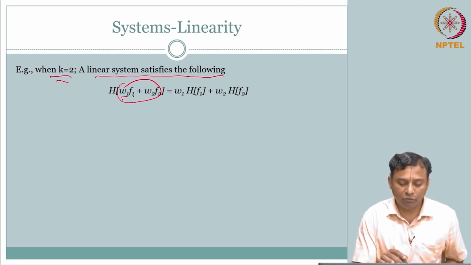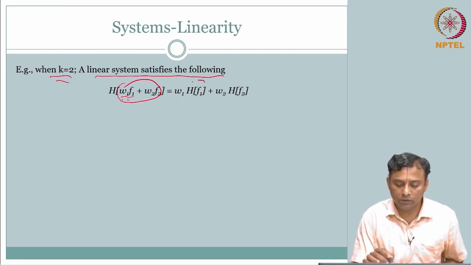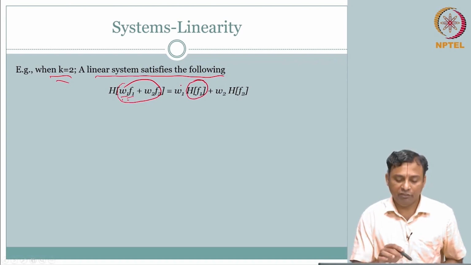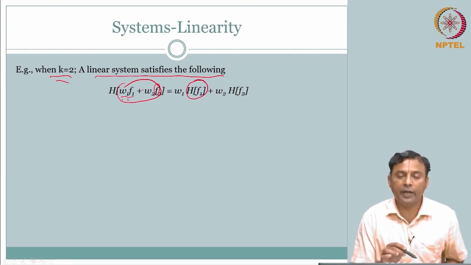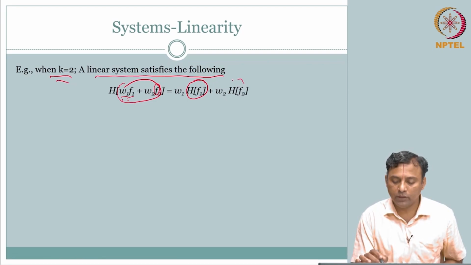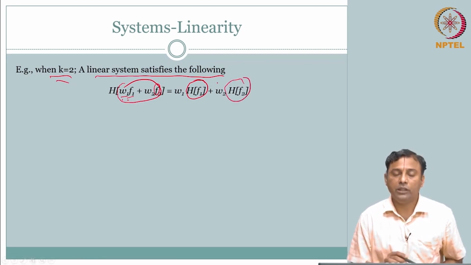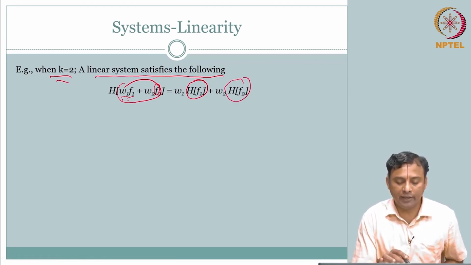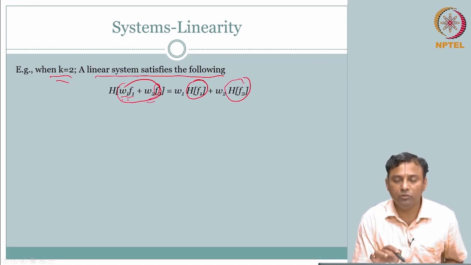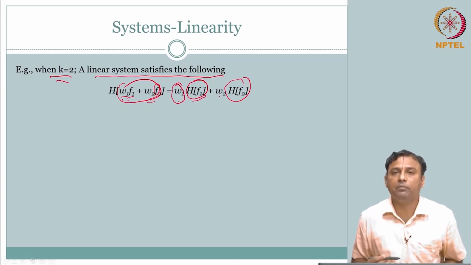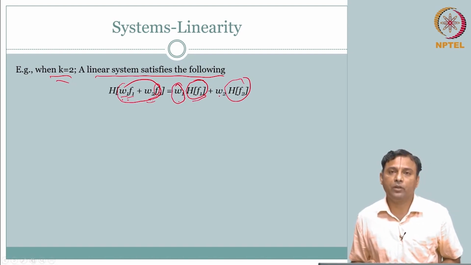So if I present F1, I know what the output is. The output is H of F1. If I present F2, the output is H of F2. If I present a weighted combination W1 F1 plus W2 F2, then the output is going to be the corresponding outputs weighted by the same weights, W1 and W2.